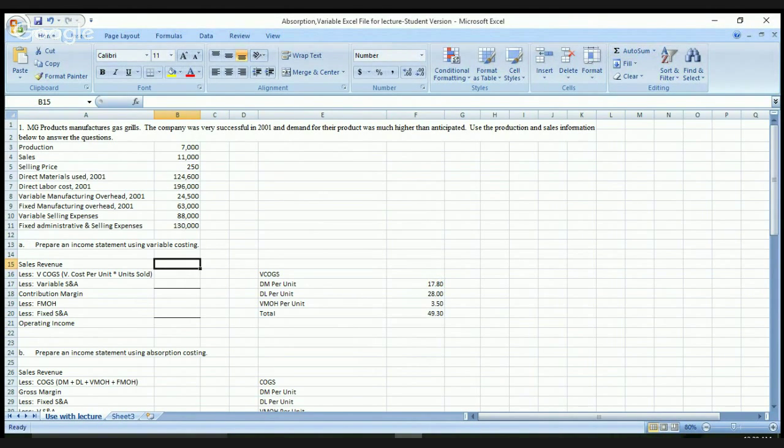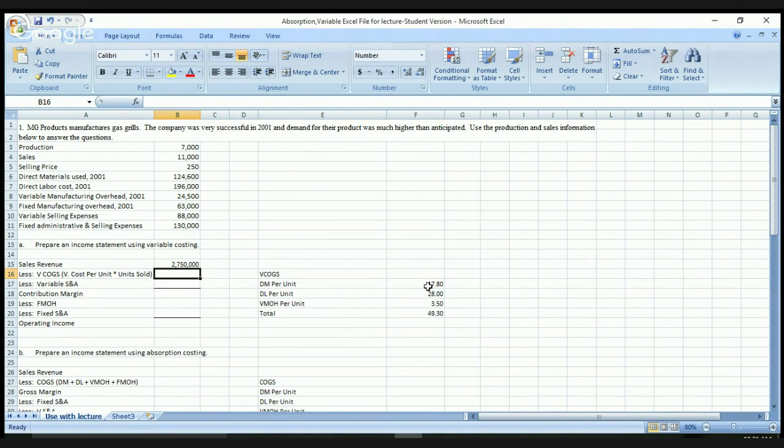Well, first of all, we're going to do the sales revenues. So we did 11,000 units, and we charged $250 per unit. So my sales revenue is 2,750,000. Now, the variable cost, in variable costing, we do all variable costs. So the first thing I'm going to do is the variable cost of goods sold.